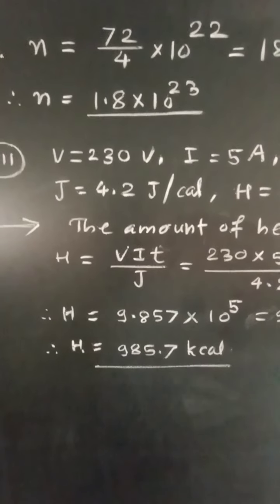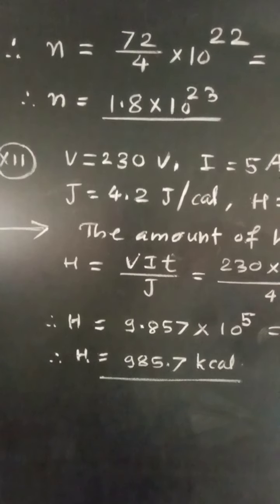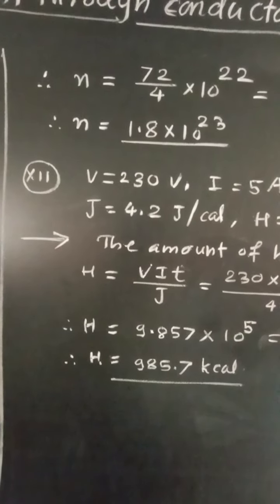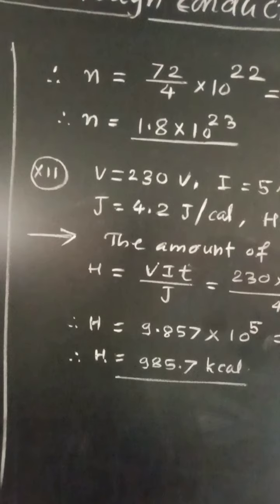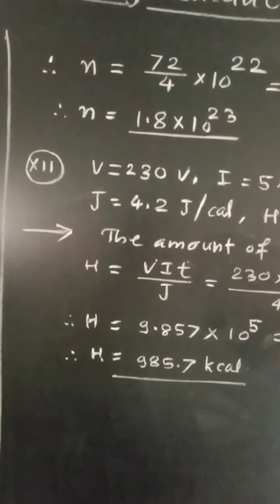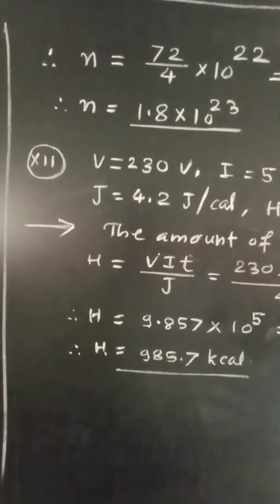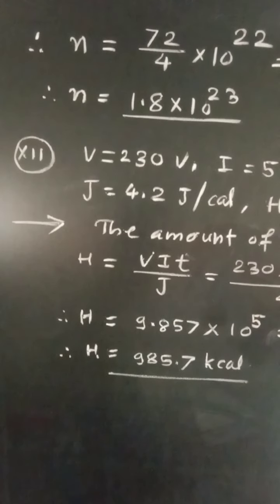And then let us go for numerical number 12, which is given as: the heating element connected to 230 volt draws a current of 5 ampere. Determine the amount of heat dissipated in 1 hour given that J equal to 4.2 joule per calorie.